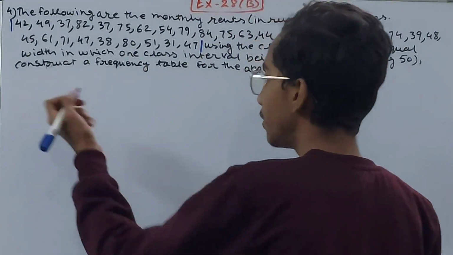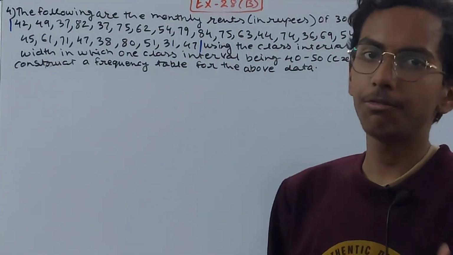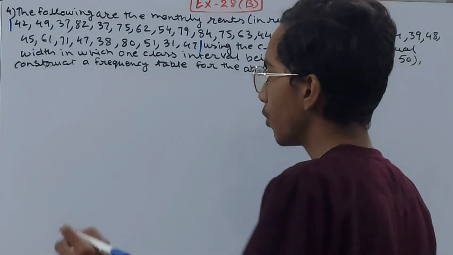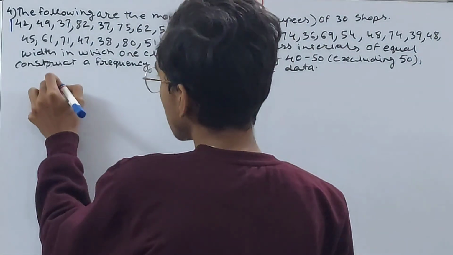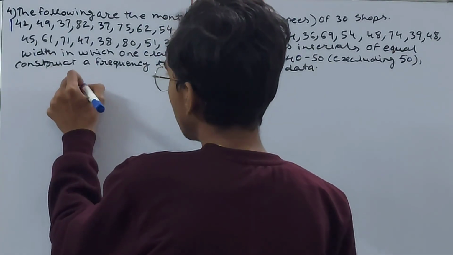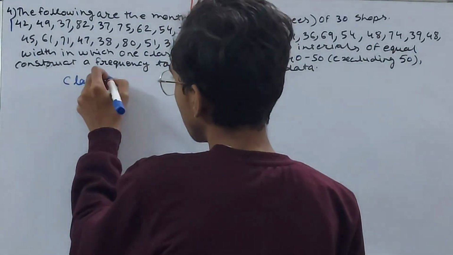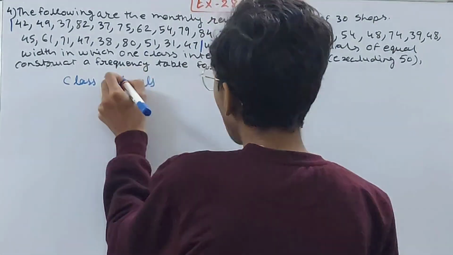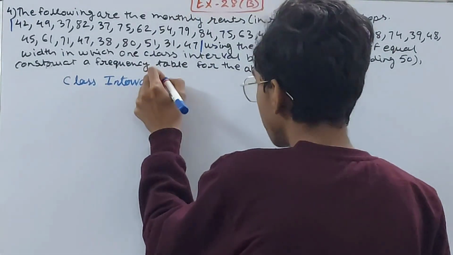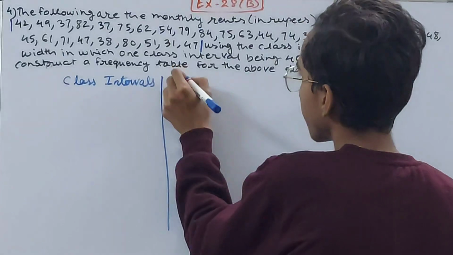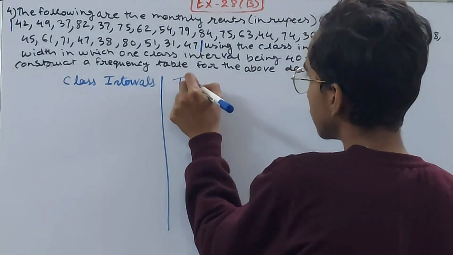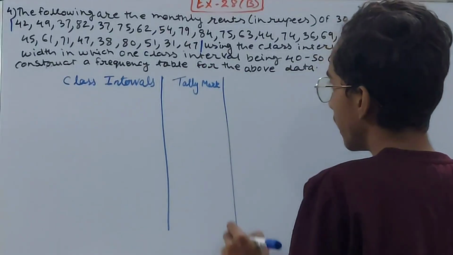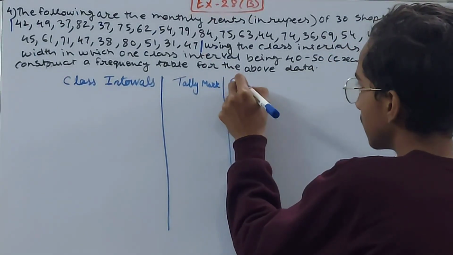Basically, one thing will be different, and the other two things will be the same. We have drawn frequency distribution tables previously also. We will have class marks, class intervals, and tally marks, and you will be having frequency.